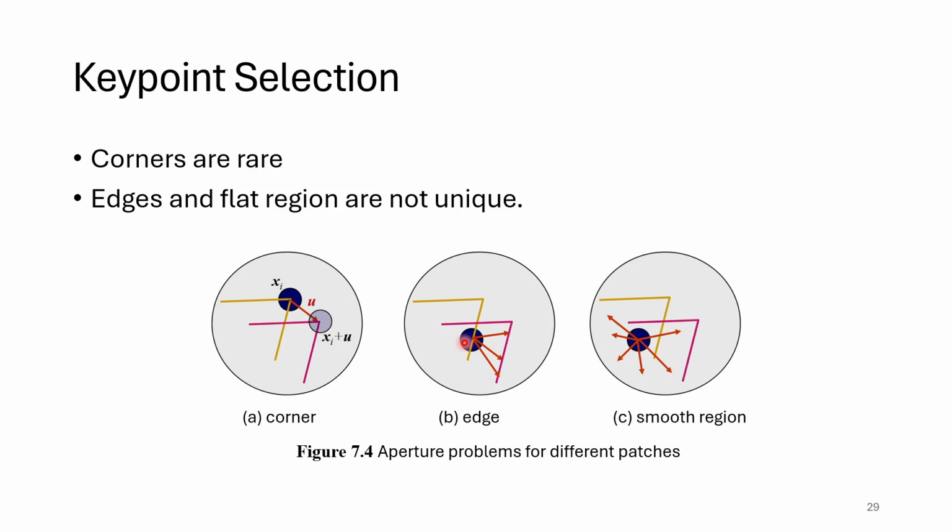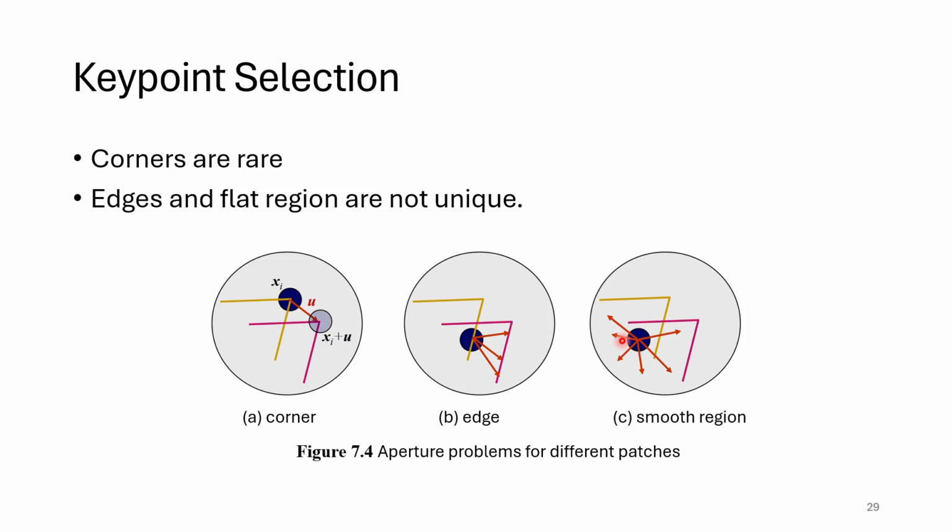However, if you use an edge as a key point, there's a problem: even for this edge, when you look for similar edges in another image, you will find many candidates. The same goes if you use a smooth region as a key point: you will find many similar smooth regions in another image.